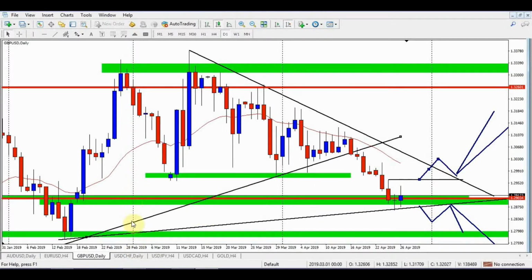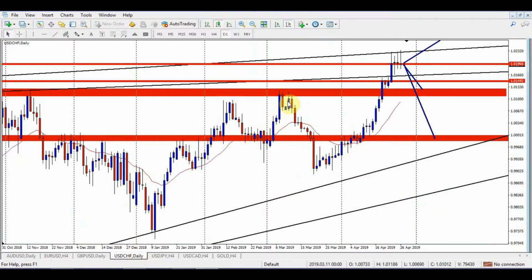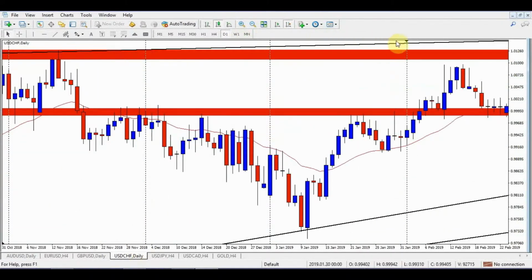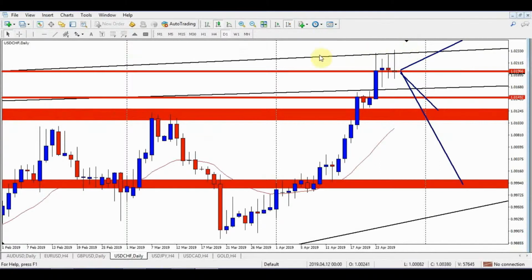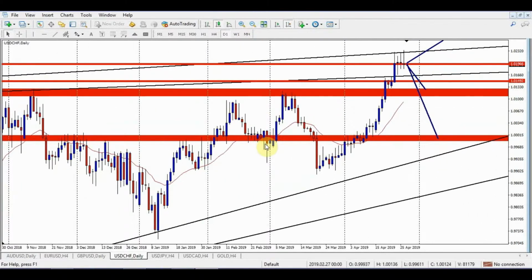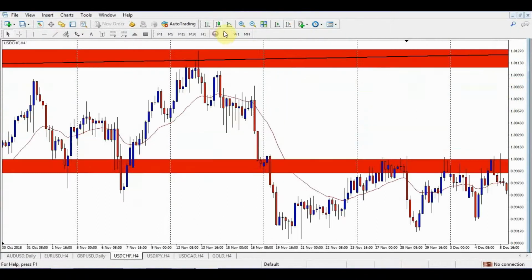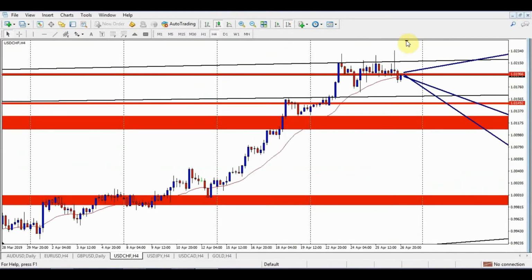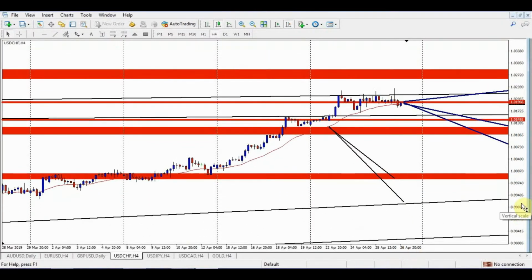Alright, let's go to USD CHF. USD CHF has been killing people's accounts, I believe. Yeah, so last week I believe we were at this point here, and I had my lines drawn like that, and going down more to that other take profit area.